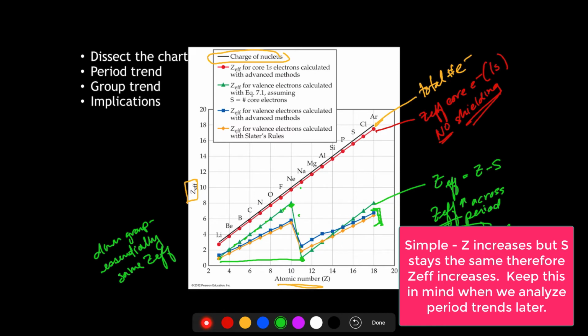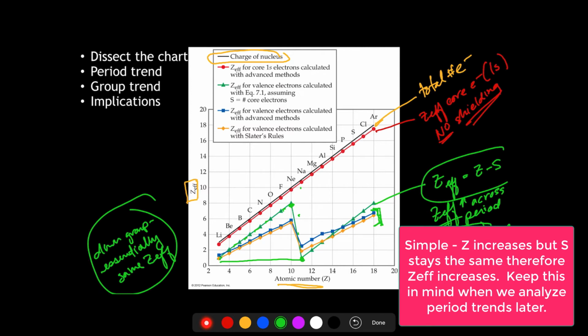So as we start thinking about larger and larger electron clouds, by the time we get to shell number 3, we have our S and our P. We also have some D subshells spread out through there, which means that electron cloud is more diffuse. So in terms of forming a shield, it's not as effective. So Z effective increases to some extent going down a group. Not based on that calculation here, but in real life it does increase going down a group due to the more diffuse electron cloud not shielding as well.